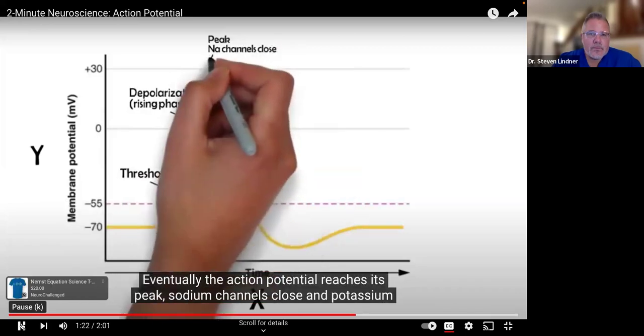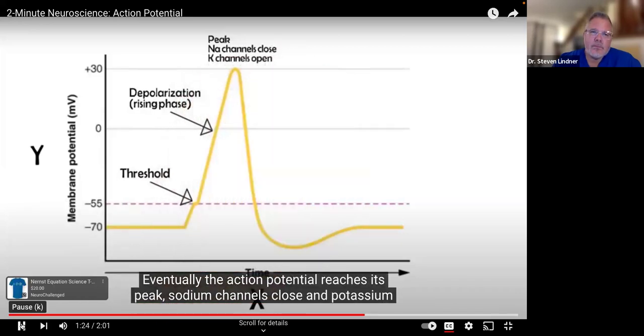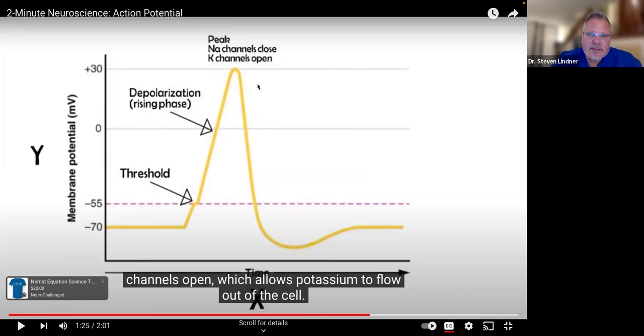Eventually, the action potential reaches its peak. Sodium channels close and potassium channels open. That's important. So sodium channels are open here, which allows the sodium to rush into the neuron, changing this voltage, and it starts to become more positive, right? Because you have sodium, Na plus, rushing into the neuron, which is going to make it more positive.